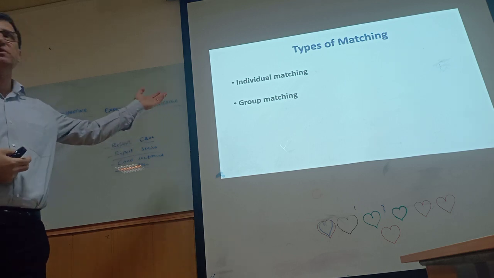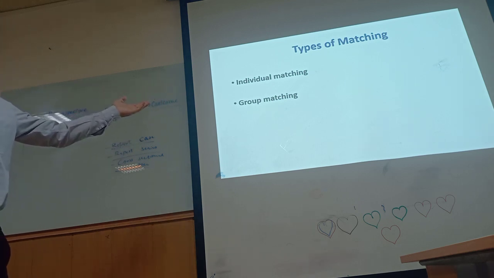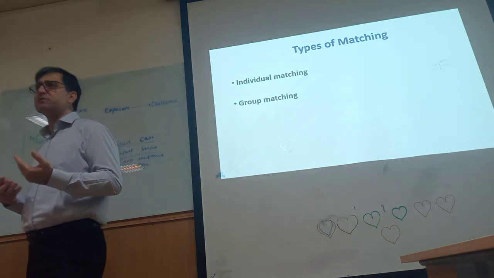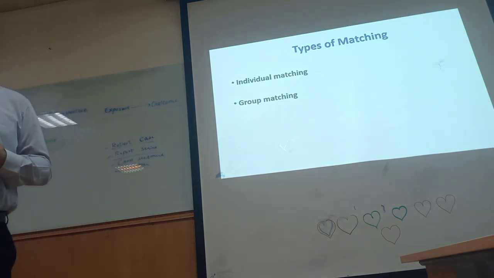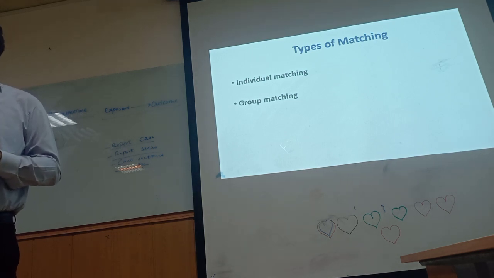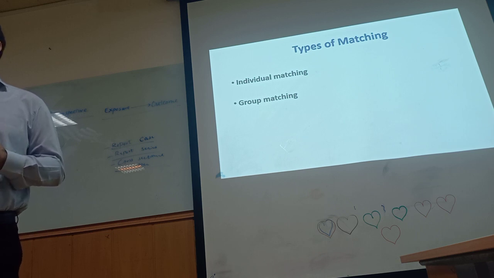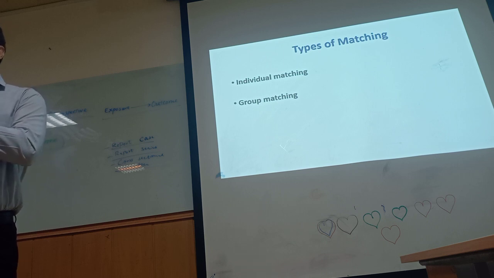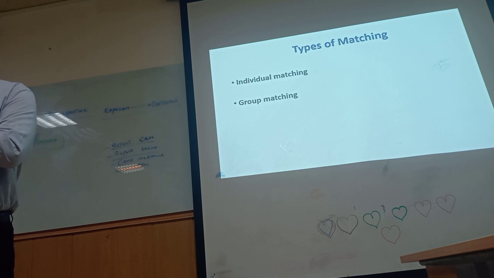This is individual matching. Sometimes we do group matching. In group matching, for example, if we want to study lung cancer, and lung cancer happens in the elderly population, we can select our controls from a ward which admits elderly population.